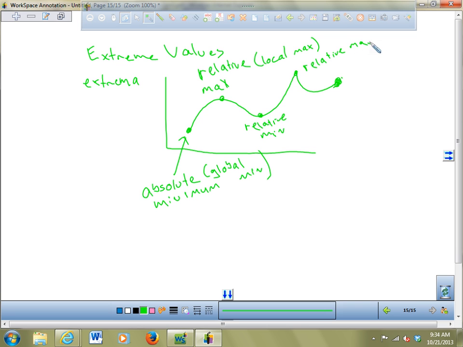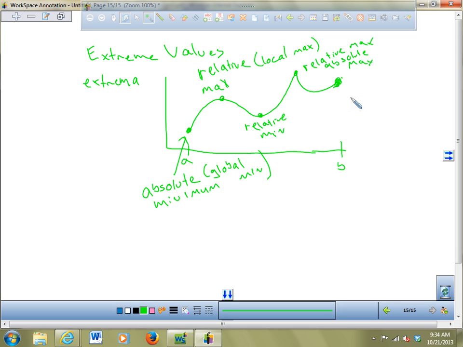Not only is it a relative maximum, but it's also the absolute maximum on this closed interval. If I start at A to B, it's the highest point in this closed interval from A to B. Okay? So this is also an absolute maximum.